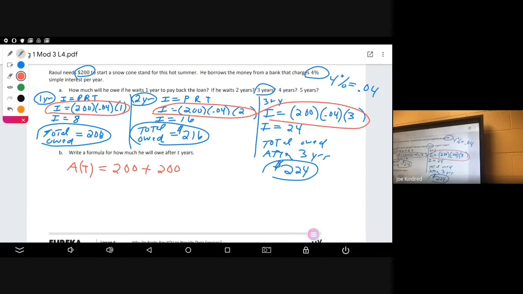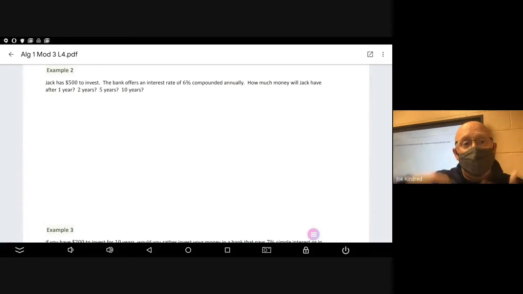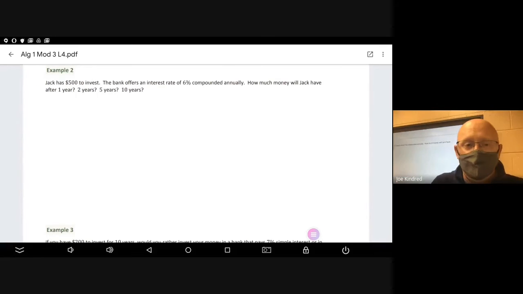The total amount of what you're going to owe is, you're already starting with 200, plus 200 is your initial amount times the rate of 0.04, as a matter of fact, and times T. So here's a formula that we could use that allows us to determine how much you're paying in T years.